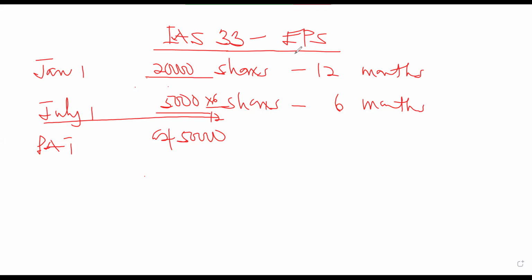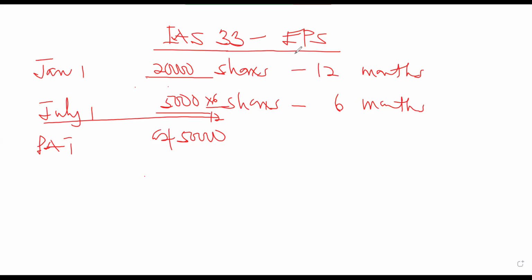So your contribution to the profit should not be the same as theirs. That is the idea about the earnings per share. We match the contribution against the shares. That's what we are coming to do.